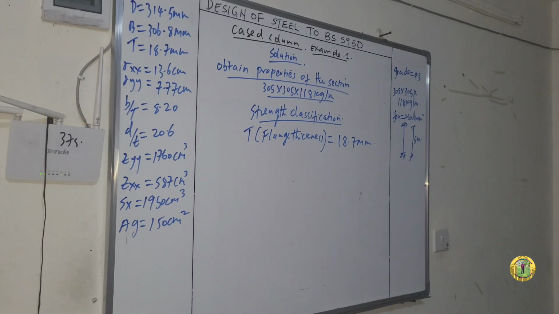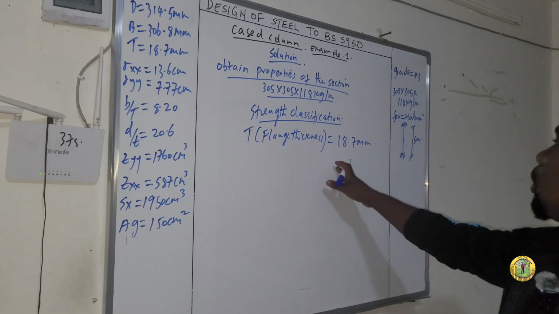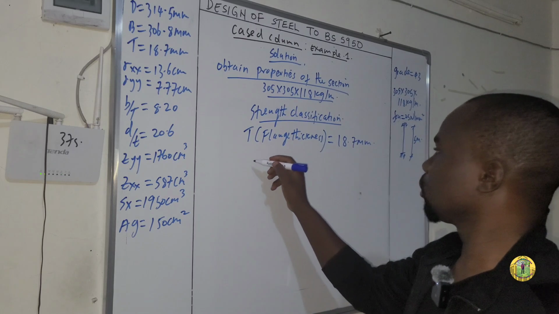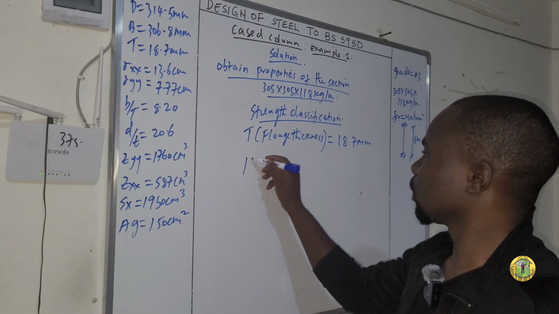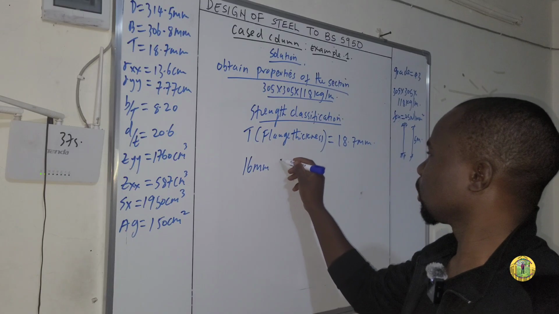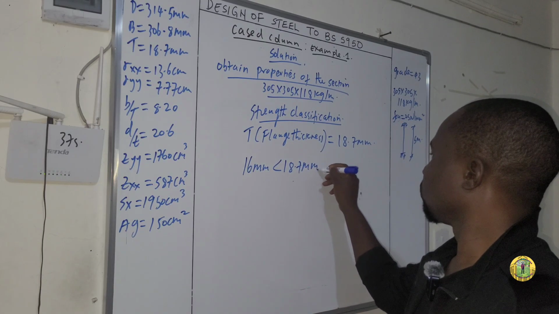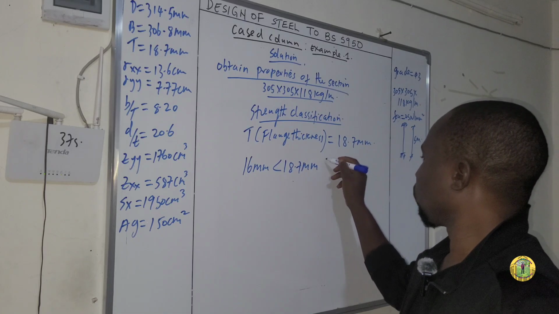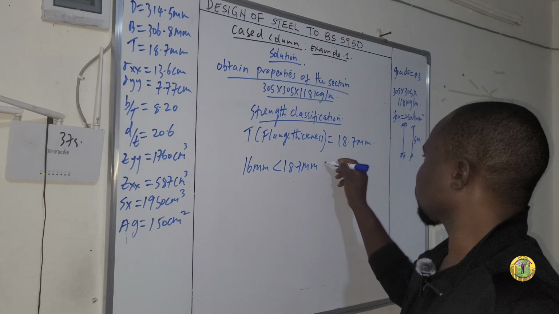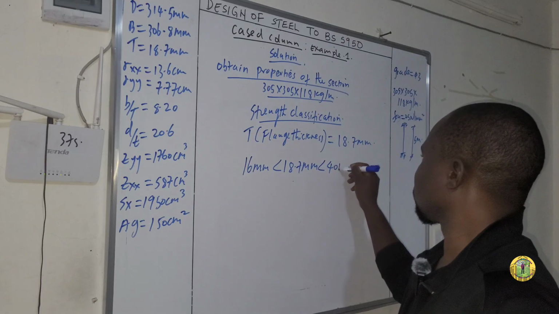So as you can see, 18.7 millimeters is more than 16. So 16 millimeters is less than 18.7 millimeters, and this 18.7 millimeters is less than 40 millimeters.